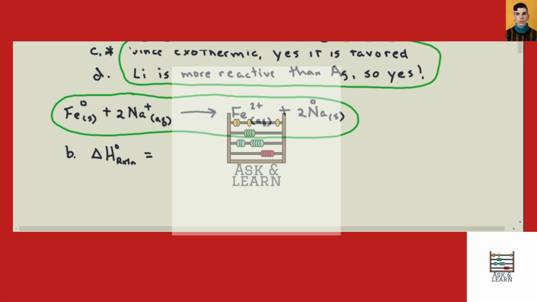So this becomes a matter of taking iron, the aqueous iron has a heat of formation of negative 87.86 kilojoules per mole, and then subtracting 2 times the heat of formation for the sodium ion, which is negative 240.1. Calculating the answer here gives us a positive 392.3 kilojoules.